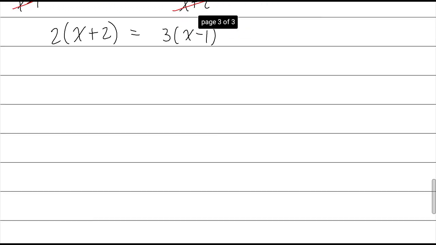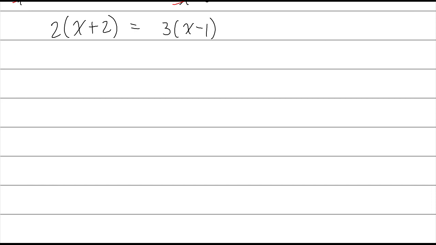That's much easier to deal with because now I just distribute the 2. I distribute the 3. Okay, now it's a regular old equation to solve, right? I'm going to subtract 2x from both sides. Let me write this out.